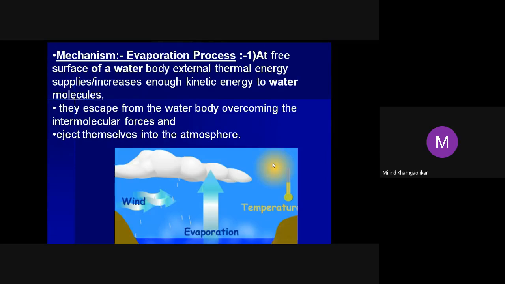There are intermolecular forces of attraction between the water molecules in liquid form, but as they get thermal energy, they get excited more and more, their movement starts, and they overcome the intermolecular attraction of the water particles, leave the water body, get converted into the vapor form and eject themselves into the atmosphere.